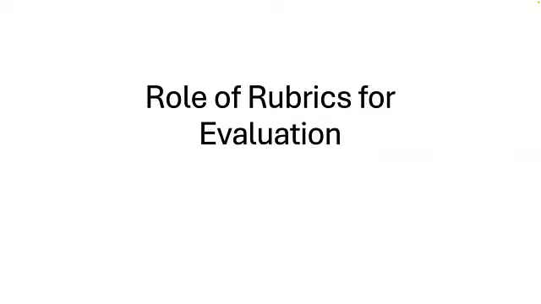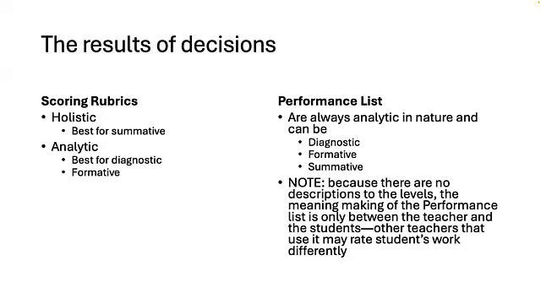Here are the roles of rubrics for evaluations. Scoring rubrics: for giving students a grade or scoring, holistic and analytic rubrics are best. Remember that holistic rubrics are for summative work.